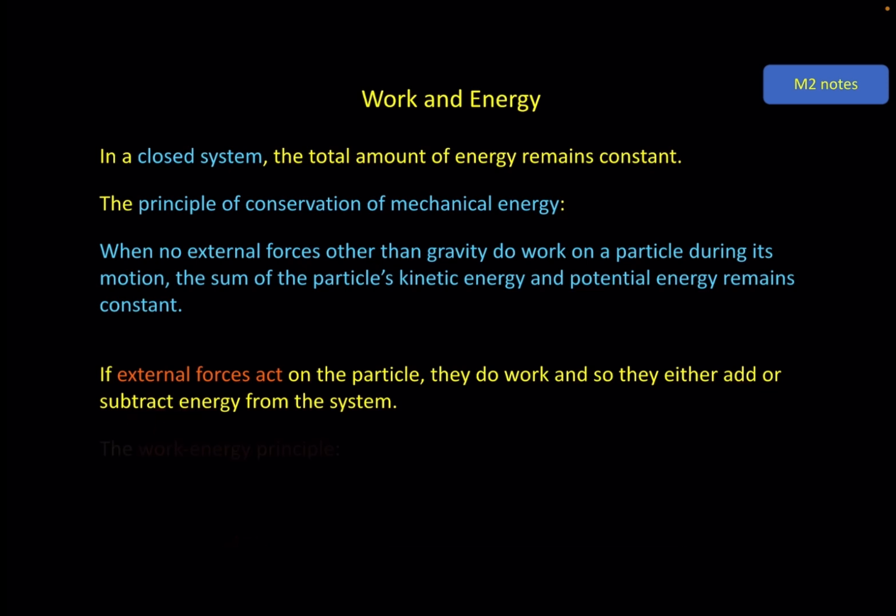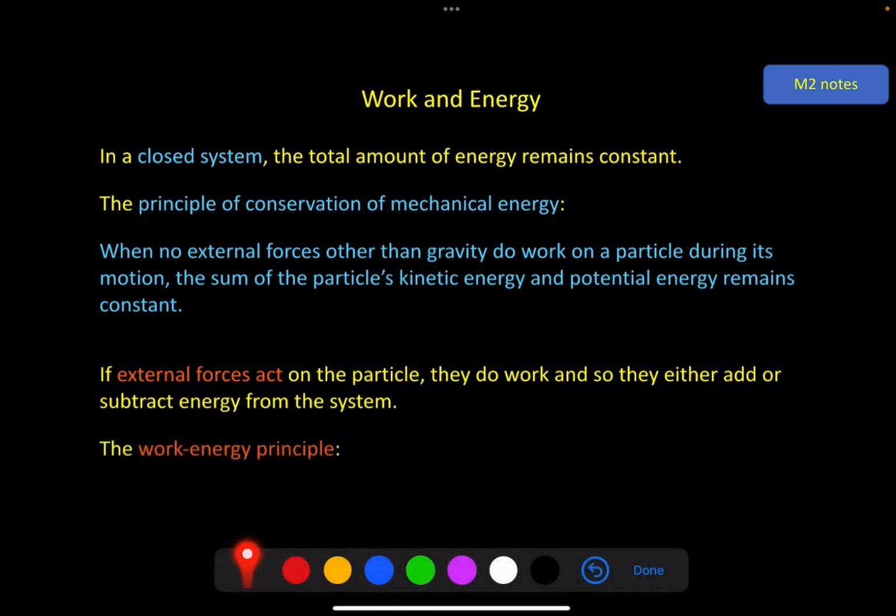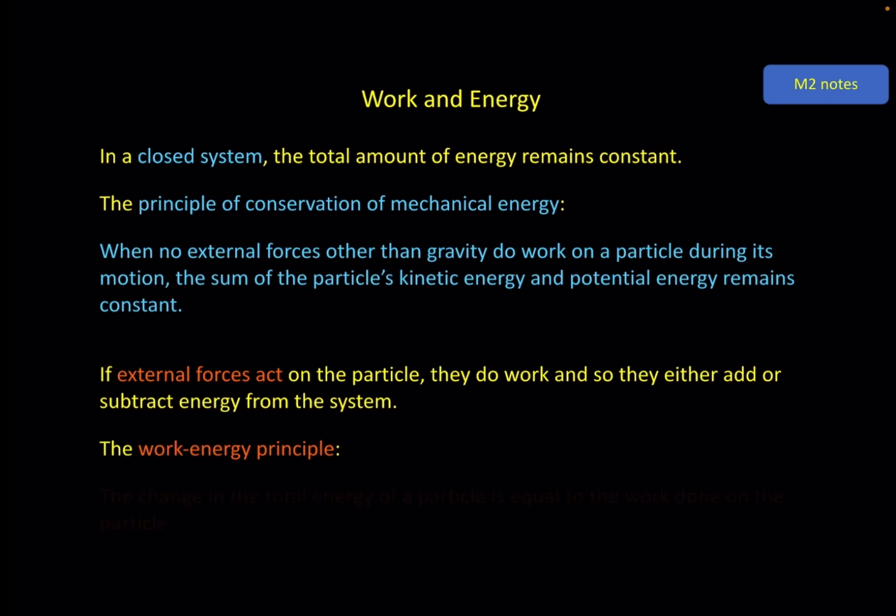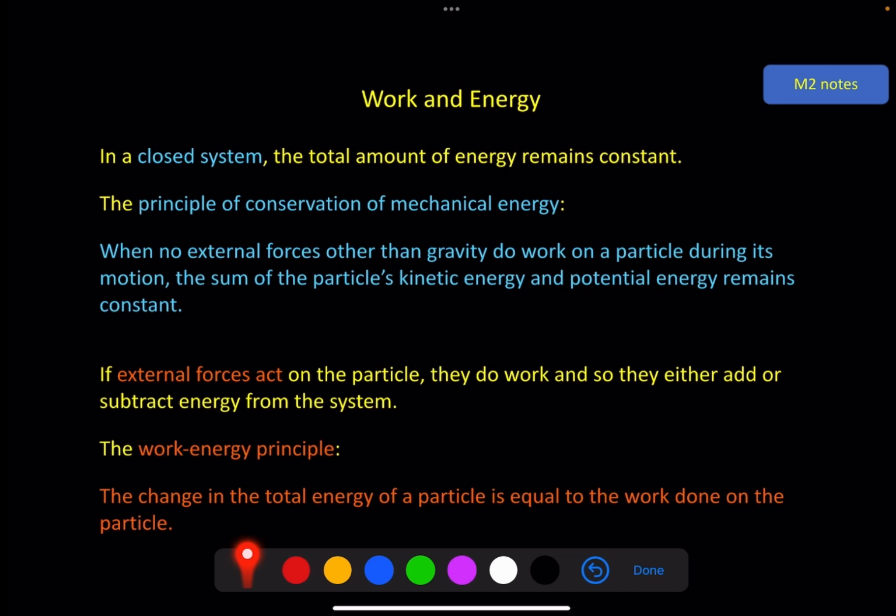This is called the work-energy principle, because the amount of energy you're getting or losing from the system is tied to the amount of work done by the forces, or against the forces. For example, against friction means you're losing energy, or work done by a driving force means you're gaining energy. More formally, the change in the total energy of a particle is equal to the work done on the particle.